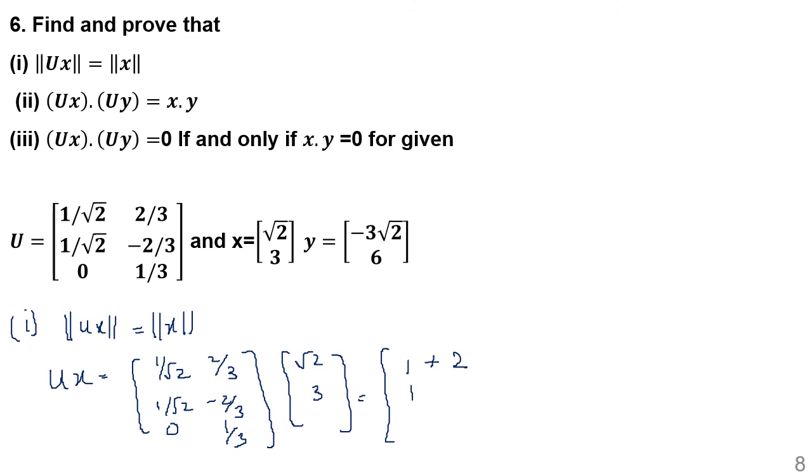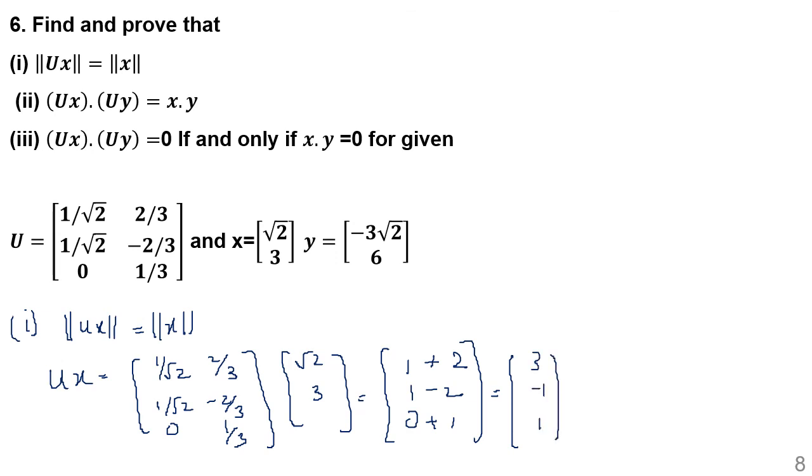Minus 2 by 3 into 3 is minus 2. 0 into square root of 2 is 0. 1 by 3 into 3 is 1. So it is equal to 3, minus 1 and 1.